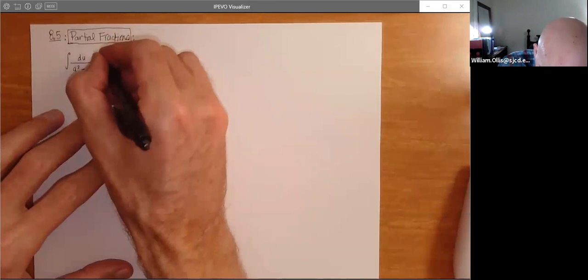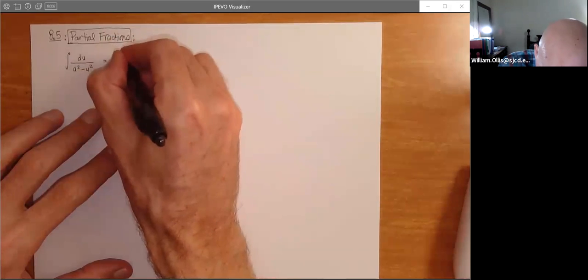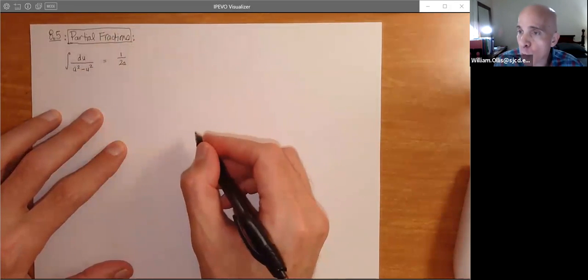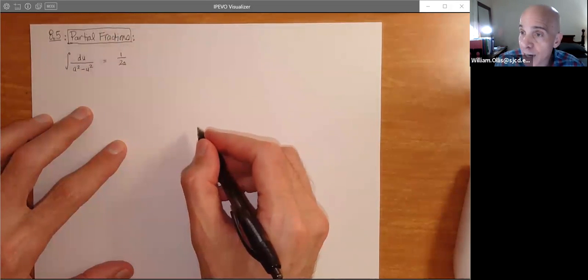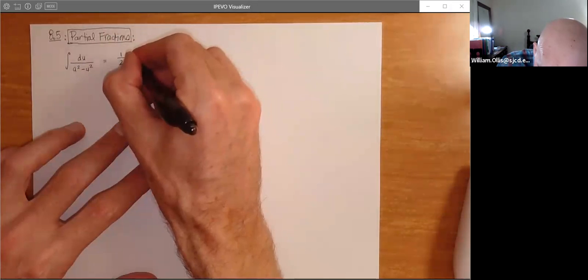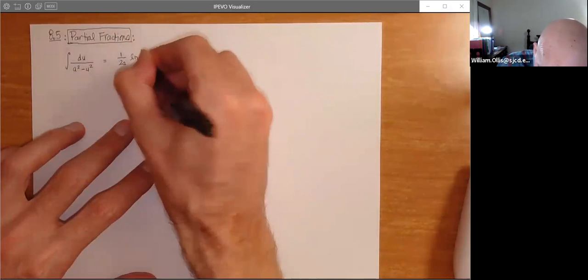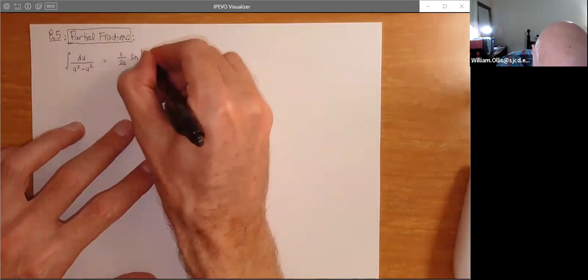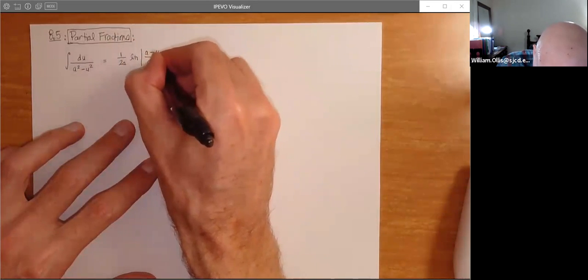So I showed in that video that this particular integral had a very straightforward antiderivative using the linear partial fractions. So we got 1 over 2a, the natural log of the absolute value of (a minus u) divided by (a plus u).